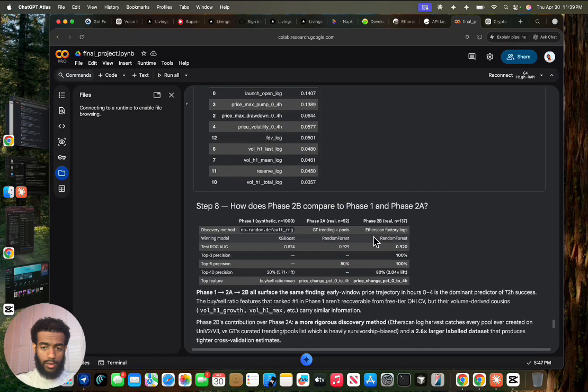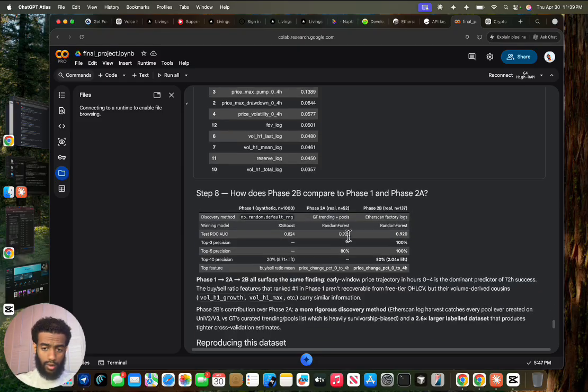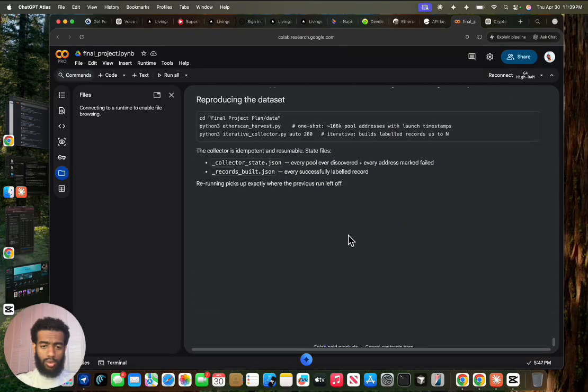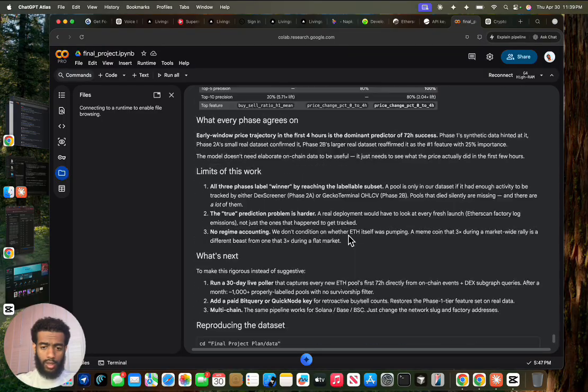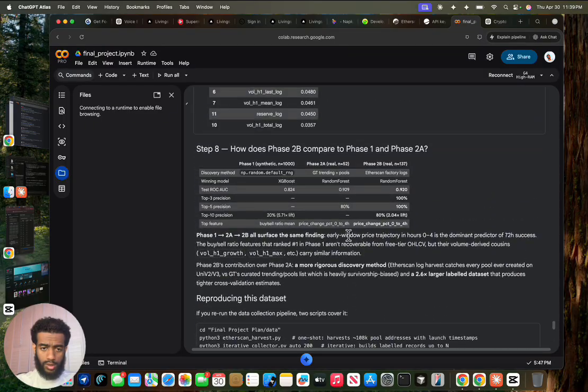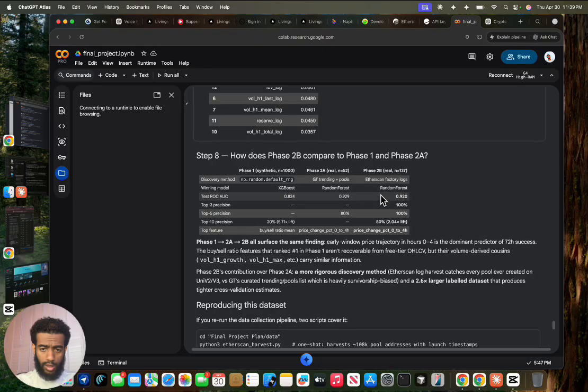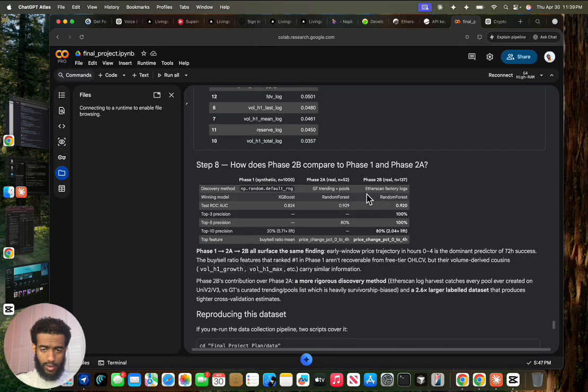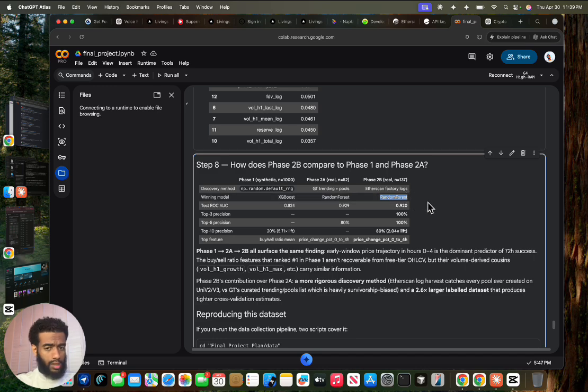I got phase 2B now, which was more than 2 times the data that we have here. So what result does that produce? Even with that, it's so interesting. We got Random Forest again coming out on top with a 92% test accuracy, and the prediction of the top 3 was 100%.